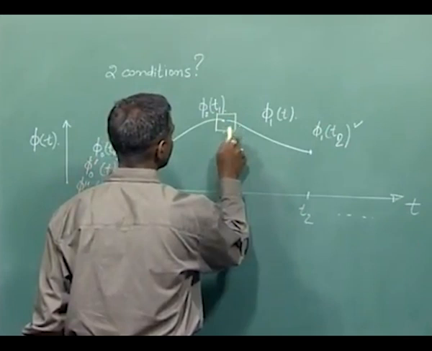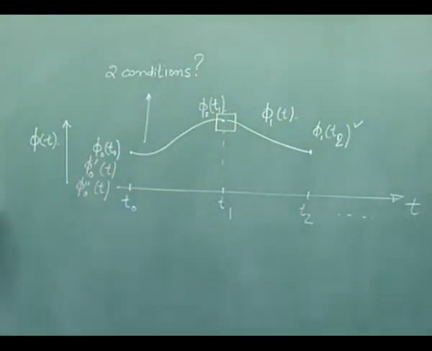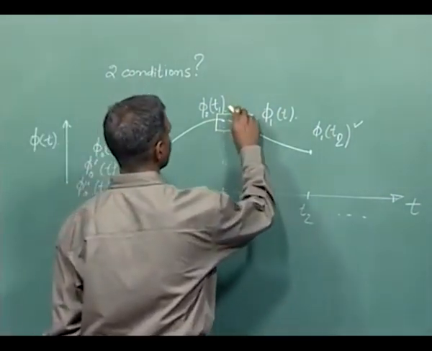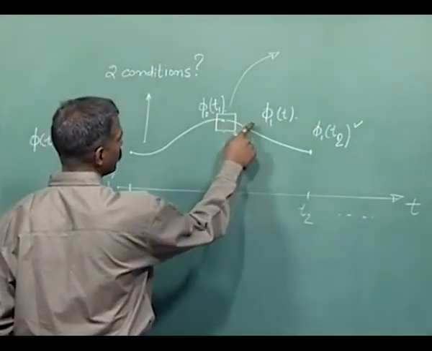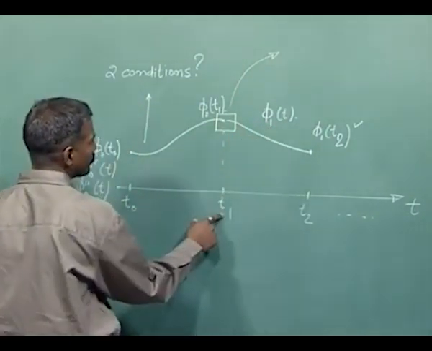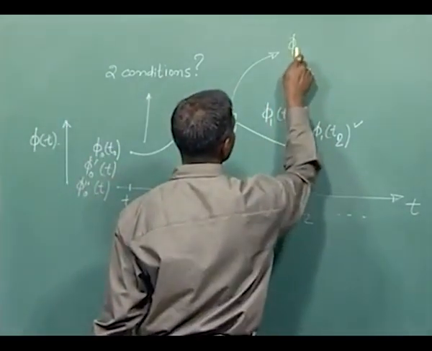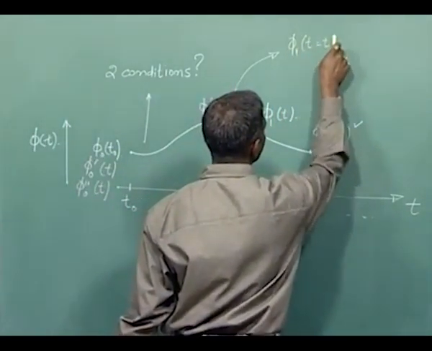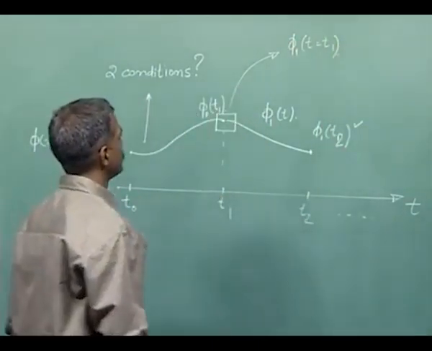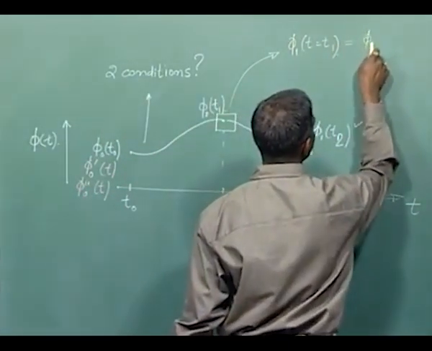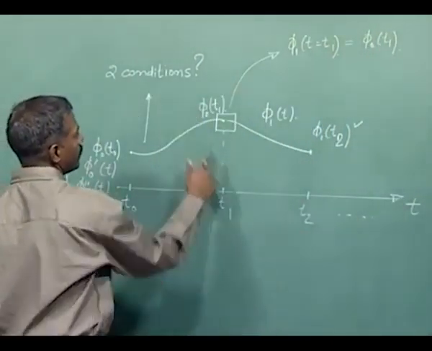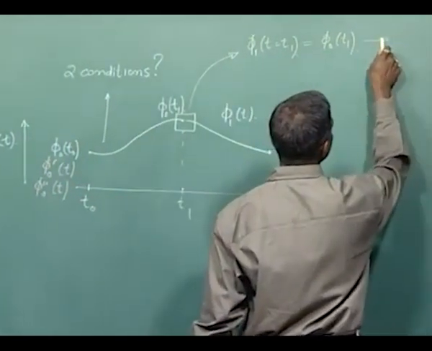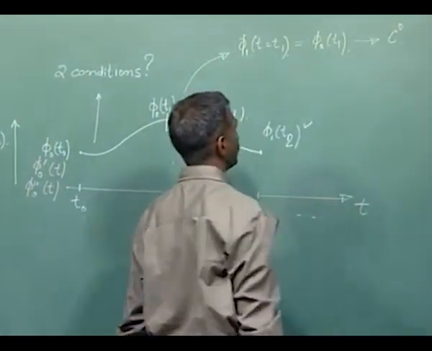Let's concentrate on this point here, which is the junction point. Do I know the value of phi 1 at t equals t1? Yes, and that is the same as phi 0 at t1, which comes from here. This would give us position continuity or C0 continuity.